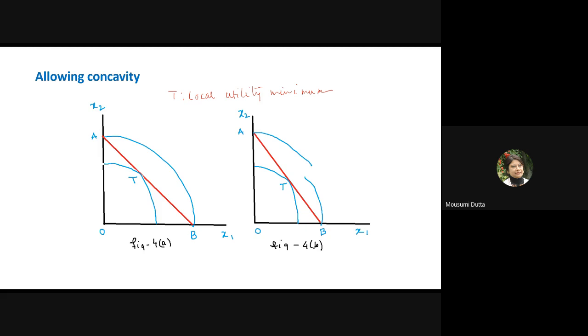So I have drawn two varieties. X1 and X2 are measured along the horizontal and the vertical axis respectively. AB is the budget line and the IC is concave here.